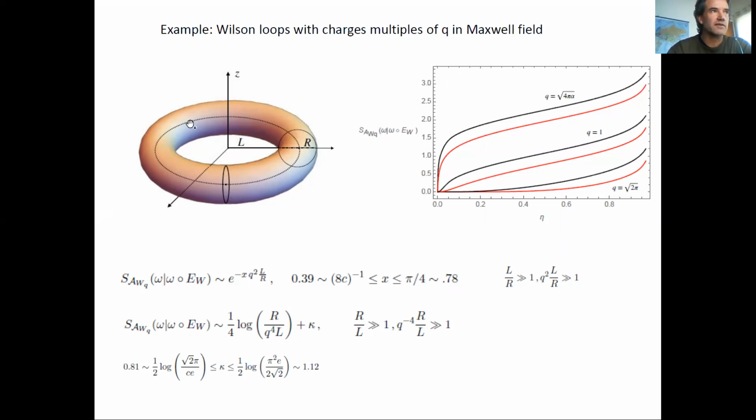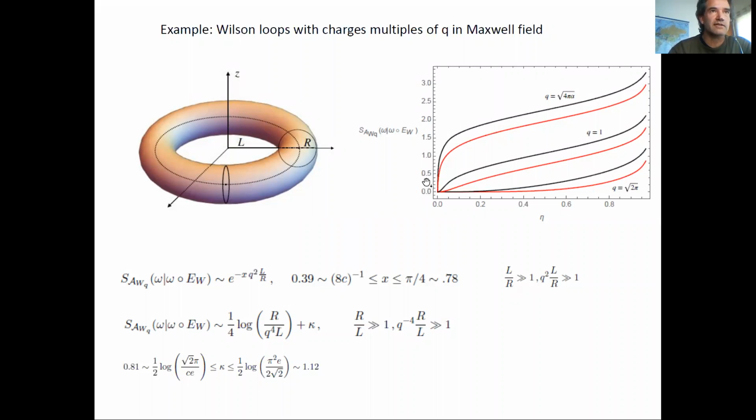We have chosen here an algebra that contains some Wilson loops which have charges multiple of some number Q. You can take the algebra of Wilson loops, which are exponentials of the free field, and then do a maximization over the smearing function that you use, and that gives you a lower bound, and the same for the complementary region.